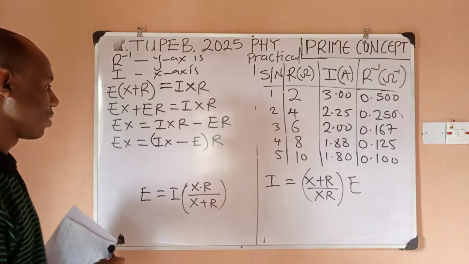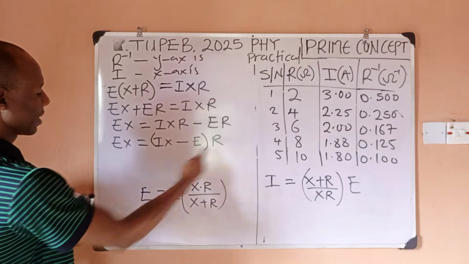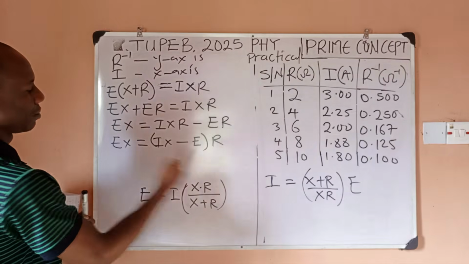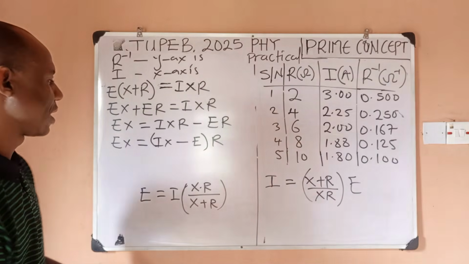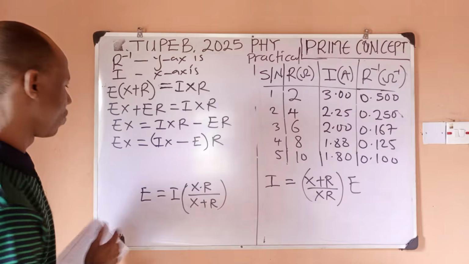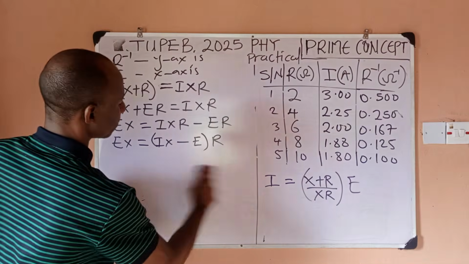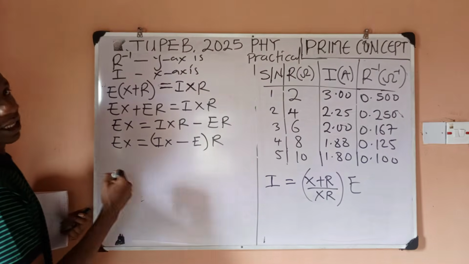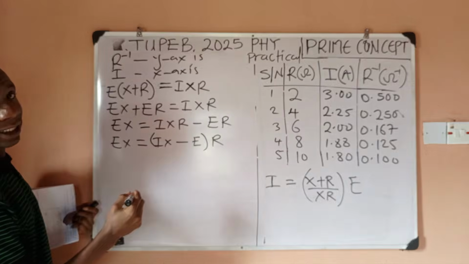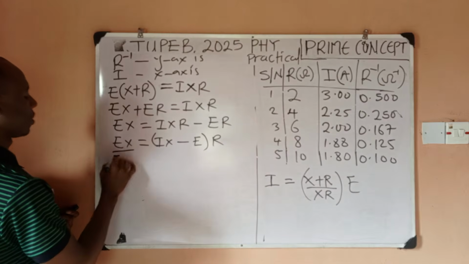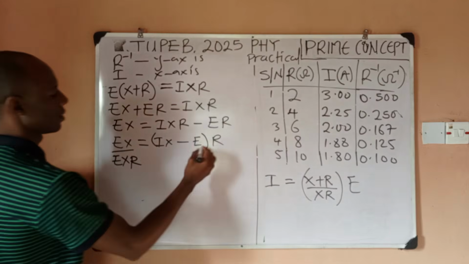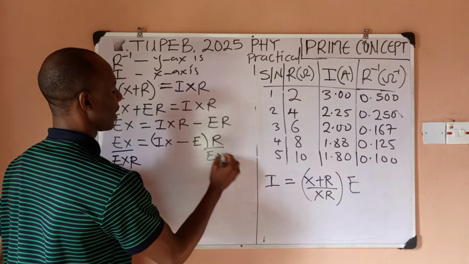So r is common, right? So that I will take r to this side and then bring ex to the other side. So if I do that so that I don't waste time, I'll divide both sides by exr. So I'll divide all through by exr by exr.